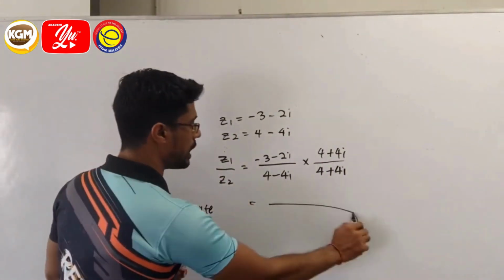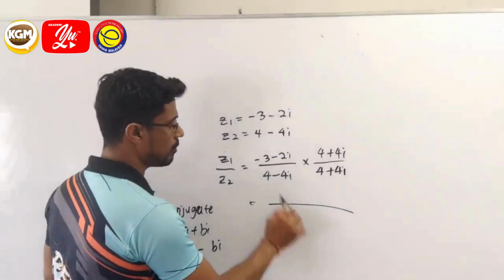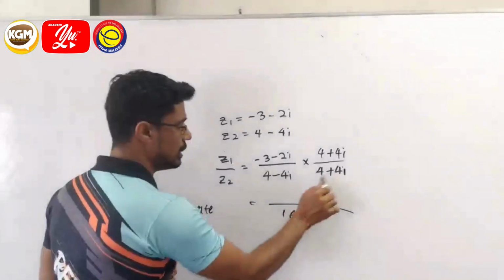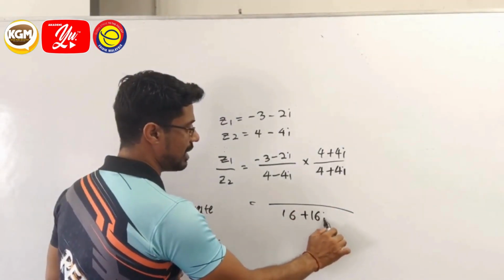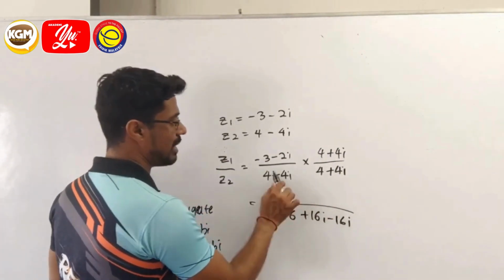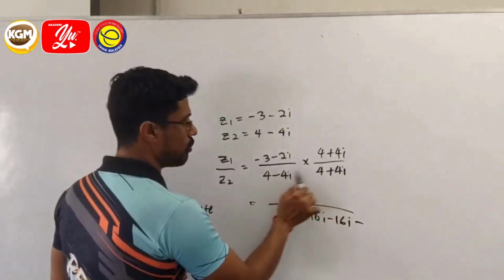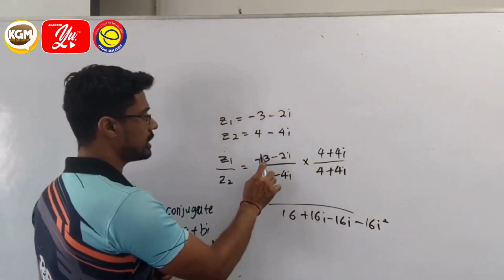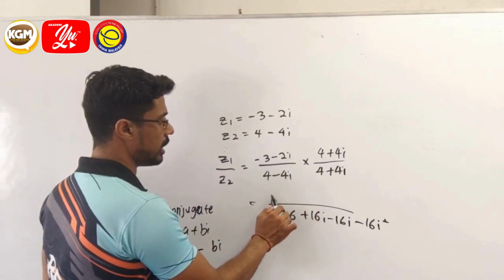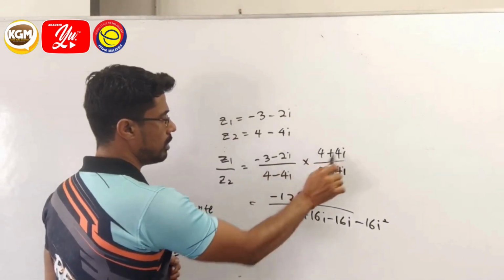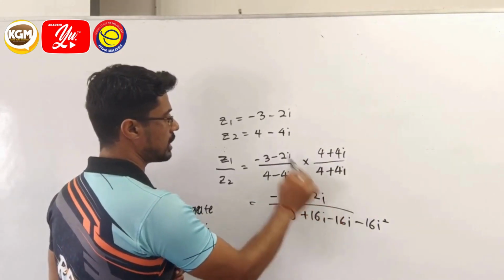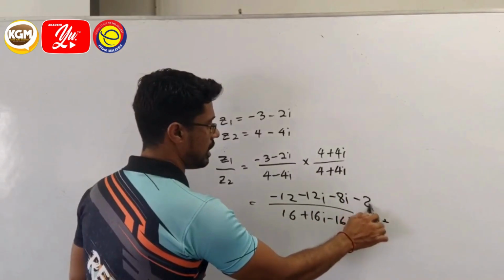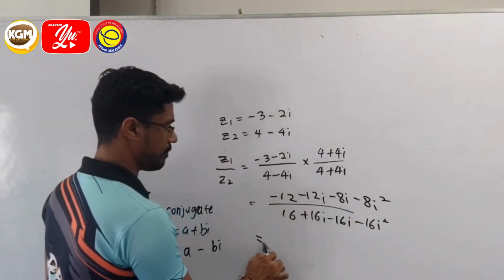Okay, so you expand the bottom, so 4 times 4, you get 16, plus, then minus gone. If you can't see, you just write it down: plus 16i, minus 16i, negative, positive, negative. 4i times 4i is 16i squared. The top, negative 3 times 4, negative 12, minus 12i, minus 8i, minus 8i squared.